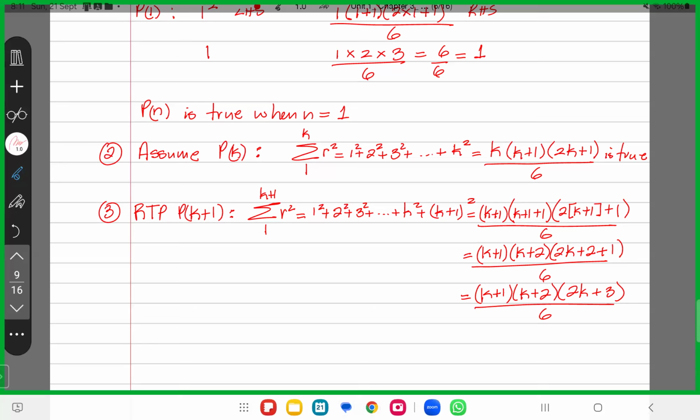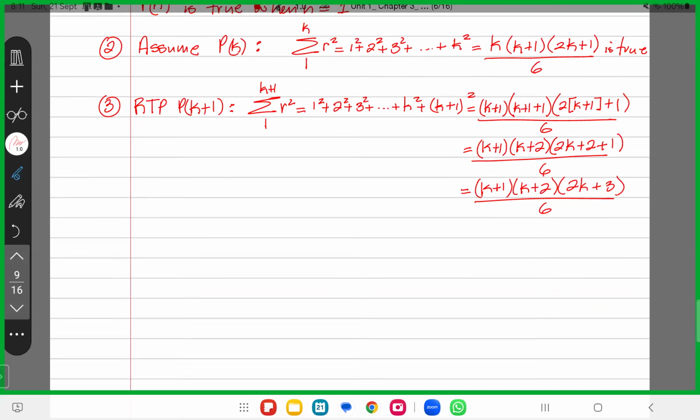Now, how are we going to do that? Essentially, we're going to take the left-hand side and work it until we get the right-hand side. What is the left-hand side?